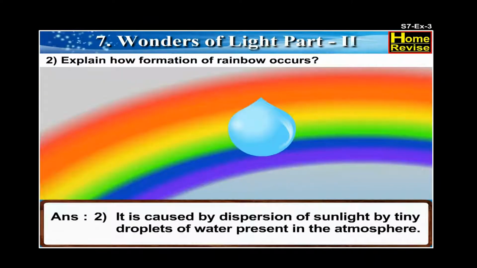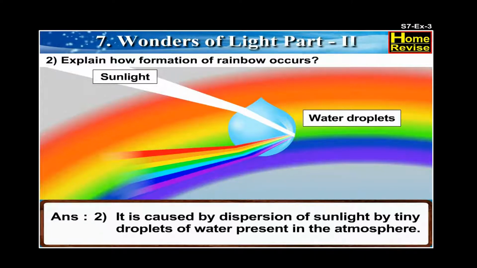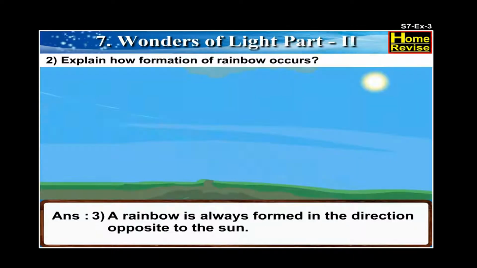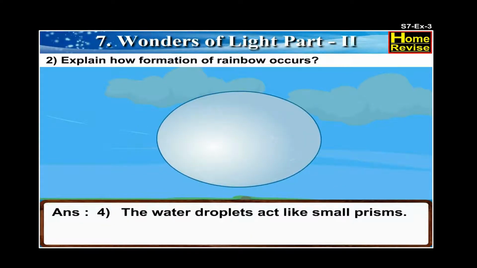It is caused by dispersion of sunlight by tiny droplets of water present in the atmosphere. 3. A rainbow is always formed in the direction opposite to the sun. 4. The water droplets act like small prisms.